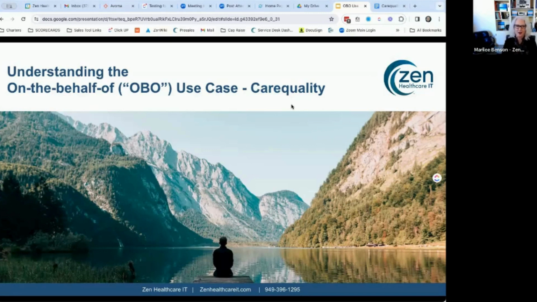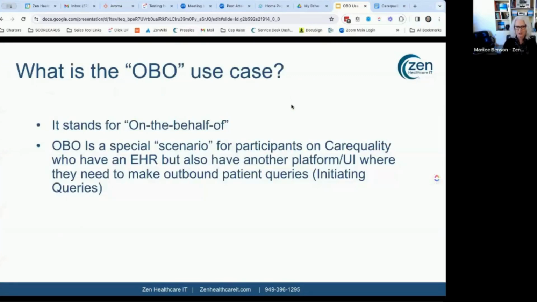So what I'm talking about is the on the behalf of, also affectionately referred to as OBO use case, under the Carequality National Network. So first of all, what is it? Well, good to know that OBO stands for on the behalf of.